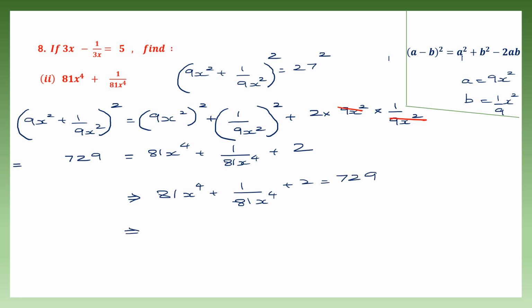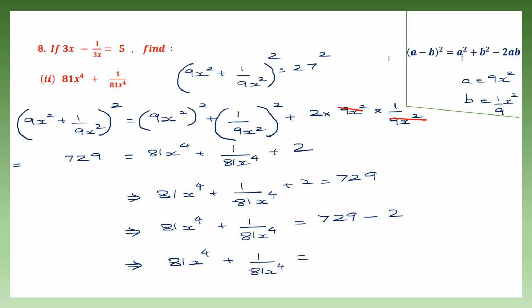Now if I have to find out only this, 81x to the power of 4 plus 1 by 81x to the power of 4, this will be 729 minus 2. So we have a final answer: 81x to the power of 4 plus 1 by 81x to the power of 4 is equal to 727. So this is our final answer.